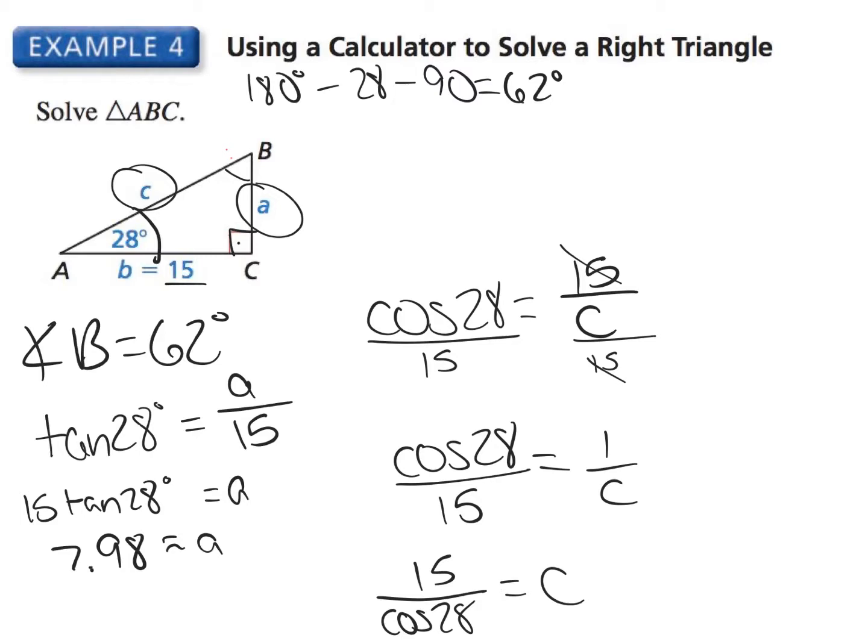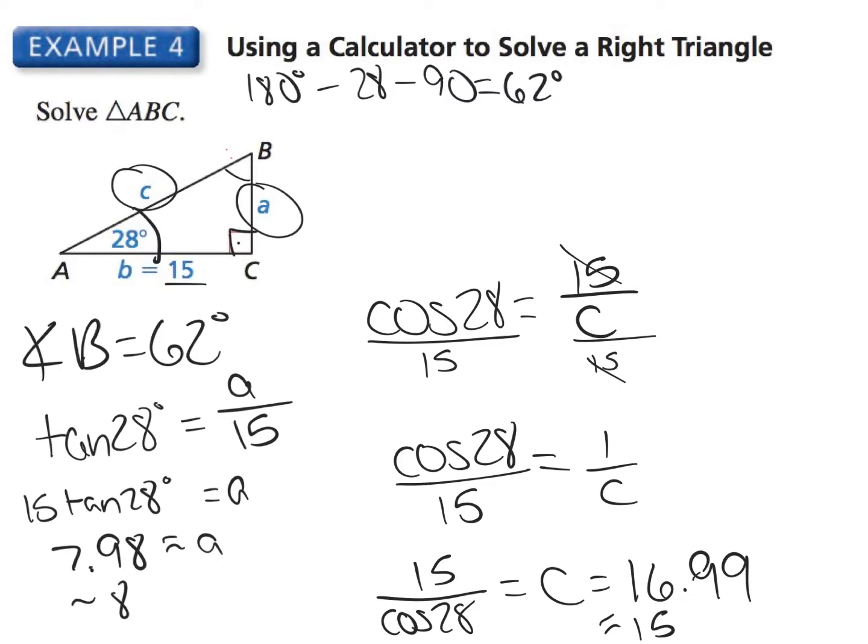If you see, I flipped to the right and I flipped to the left, it has the same values. So now I can go ahead and just plug in 15 divided by, use parentheses please in your calculator, cosine 28, close the parentheses, and you get C equals 16.99.